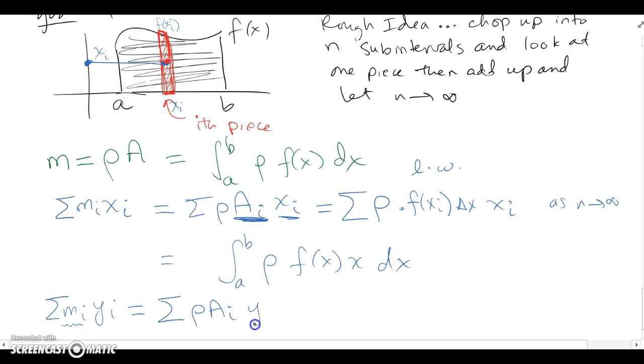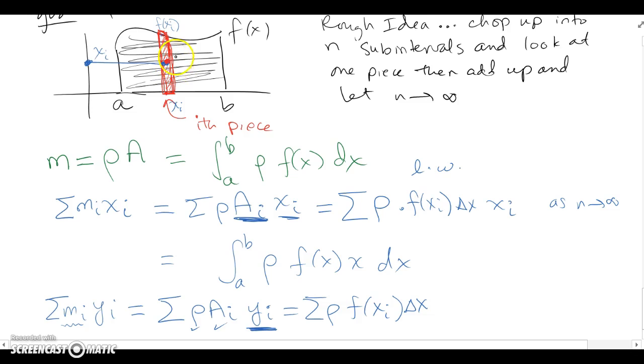And I still have the y sub i going on. So nothing has changed so far from what I did above. So I have rho, length times width of the red rectangle like we did here. Length is f of xi, width is delta x. And so I took care of this, and now I have to worry about y sub i.